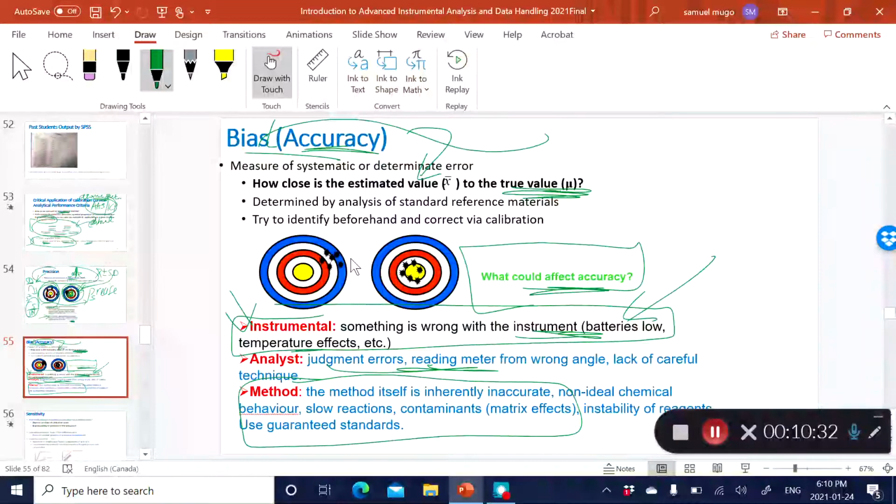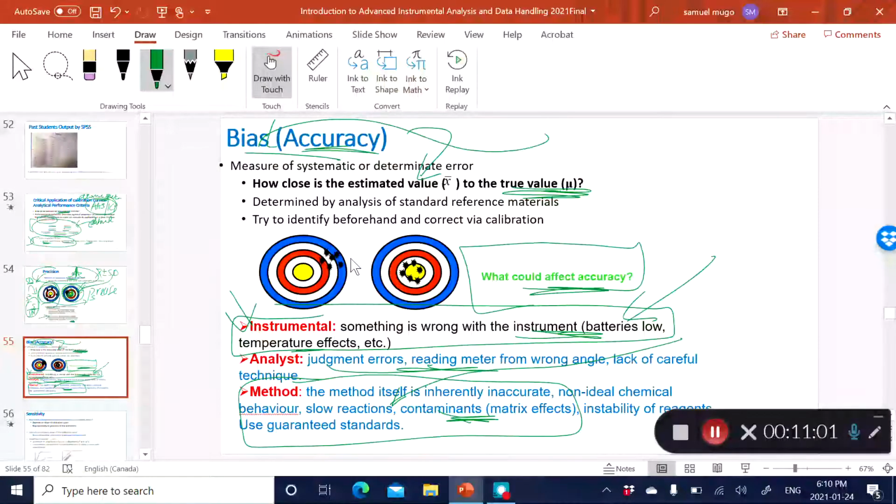For example, sample preparation, it may have matrices, and those ones may equally, of course, affect the accuracy of your analysis. There could be other things happening during sample preparation, like isomerization, dimerization, chemical reactions that are taking place that are not accounted for, could affect accuracy as well.